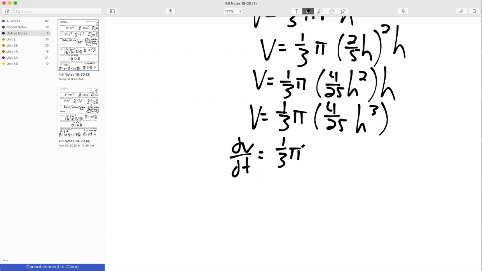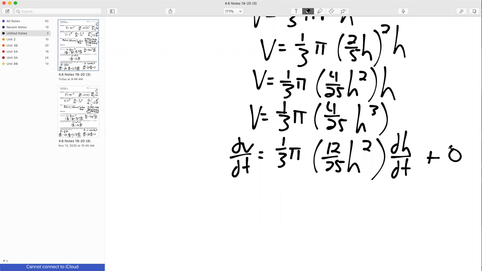So 3 times 4/25 is 12/25 h, and I decrease the exponent by 1 to give me squared, and then I don't forget to tag the variable. So I need a dH/dt. And then, of course, the second half of the product rule, the derivative of 1/3 pi is just 0, so I'm going to ignore that. And now I am in business because I can plug in what I am missing and solve for dH/dt.